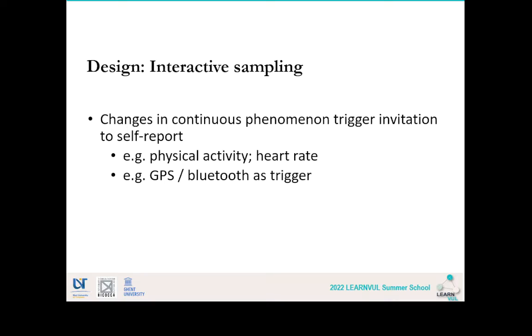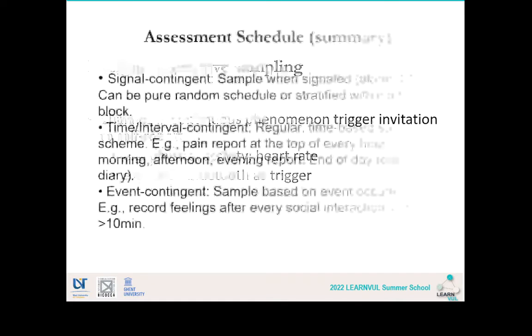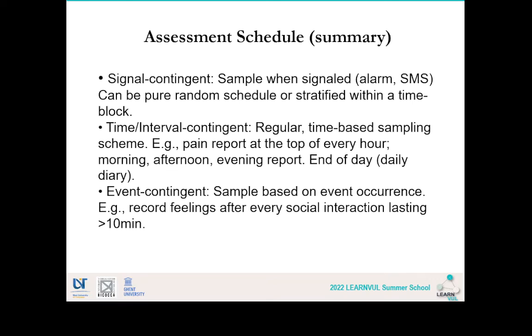Or as soon as you reach 5,000 steps a day, you will receive a prompt. Or as soon as you are in a certain area, a location, you will receive a prompt to complete the questionnaire. So this is a more interactive design. Okay. So these are the main types of schedule that we have.